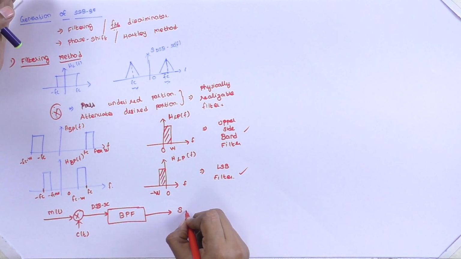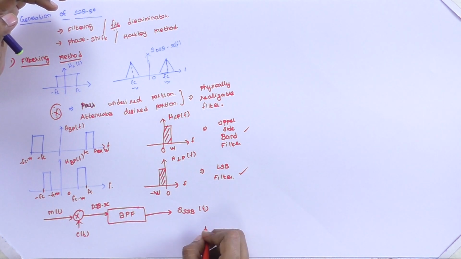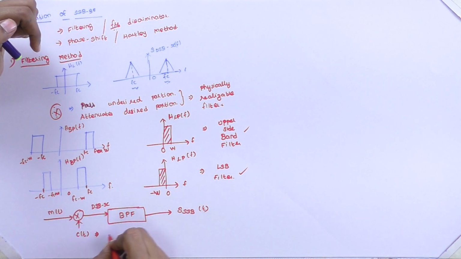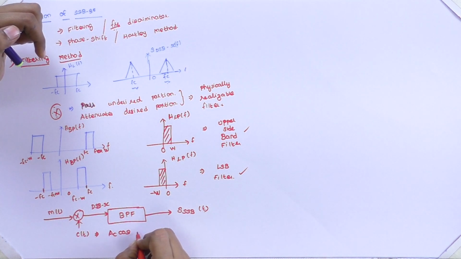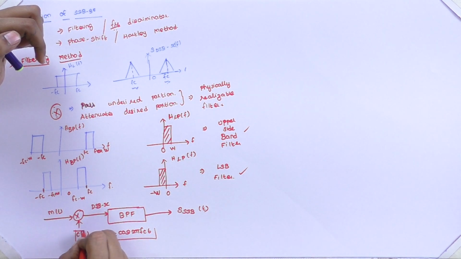Earlier we have seen the Hilbert transform. Now using the band pass filter we are going to achieve AC cos 2 pi FCT. So this is our carrier signal.